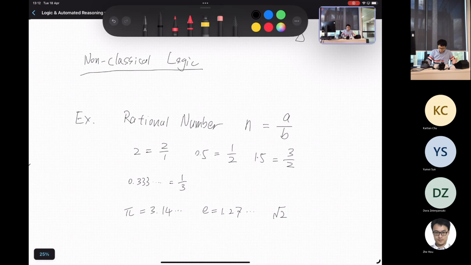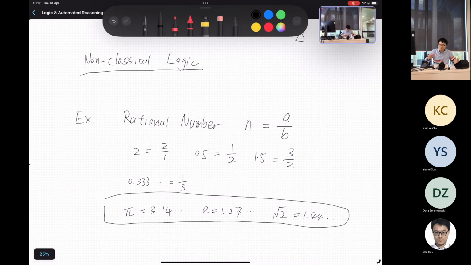What is square root of 2? It's about 1.44 something, if I recall correctly. Is it recording? Okay, good. And you cannot write square root of 2 as something over something, right? So counterexamples, we've got 3 of them, and that's sufficient for us to illustrate the point.